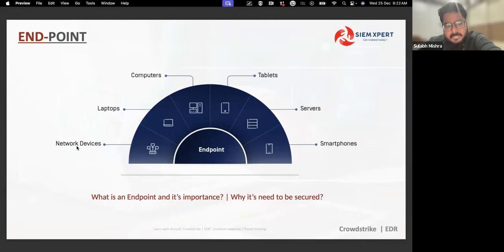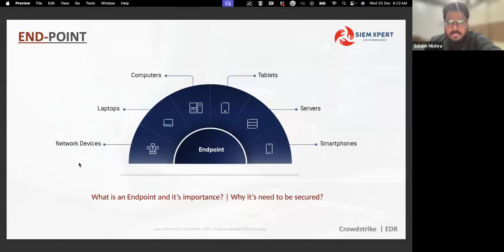Any endpoint that has personal data on it is vital, and you need to secure it. Securing an endpoint is really important because you are securing the data, and data is the most important asset in the current generation, not only for companies but for you personally as well.